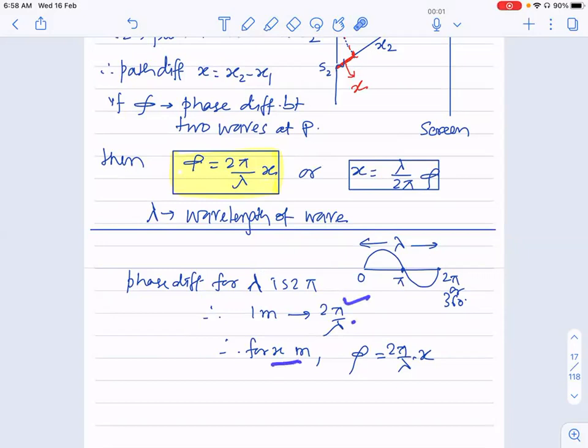For x meter multiplied by x will be the phi, the phase difference, like this.